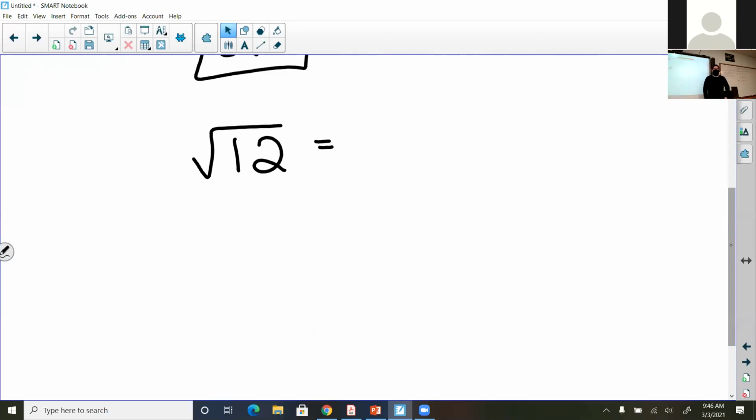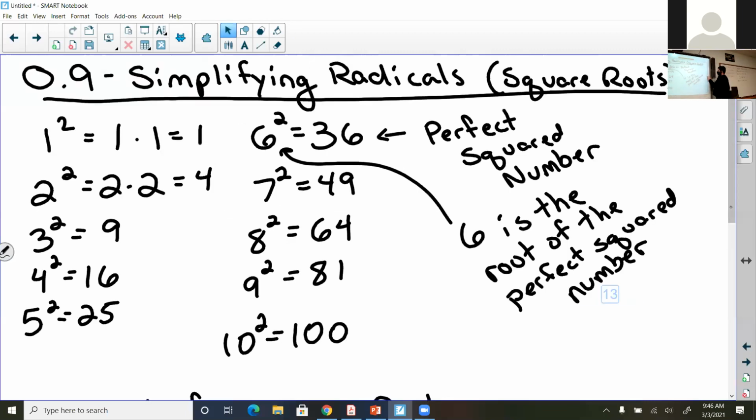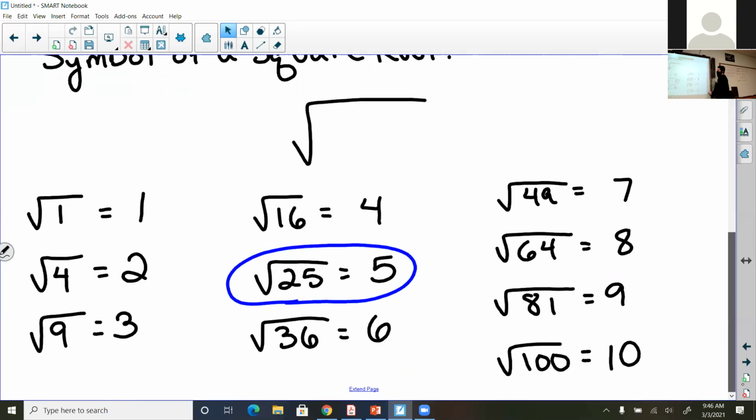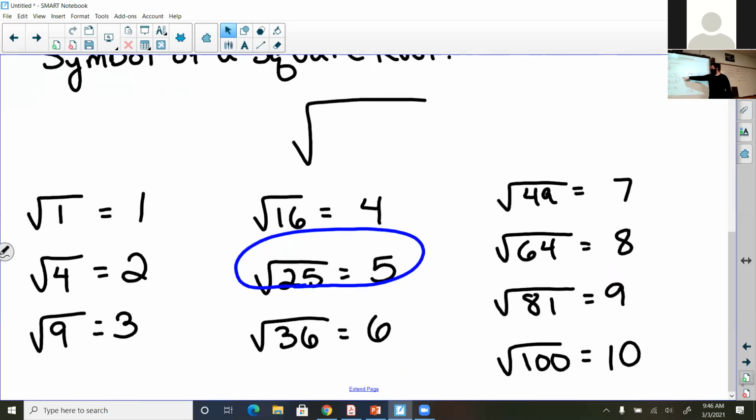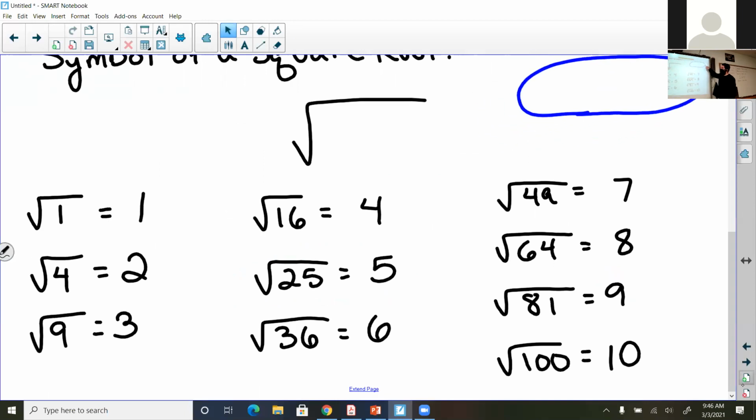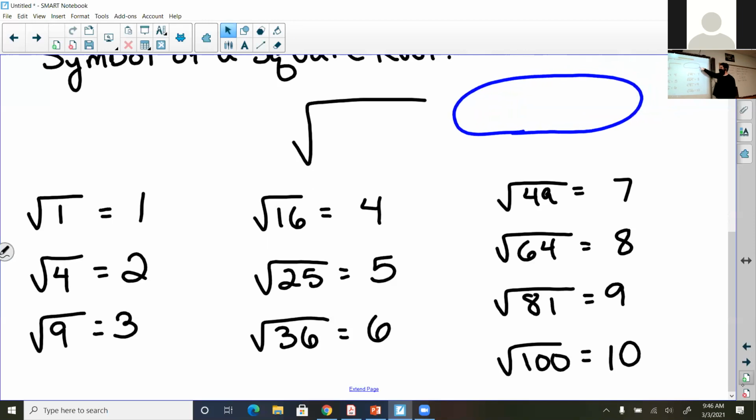Now, what if I wanted you to take the square root of 12? So what perfect square quantity goes into the square root of 12? So again, I want to break this up into 2 radicals. And I have a handy dandy list of square roots. Looking at this list, which number can go into 12?